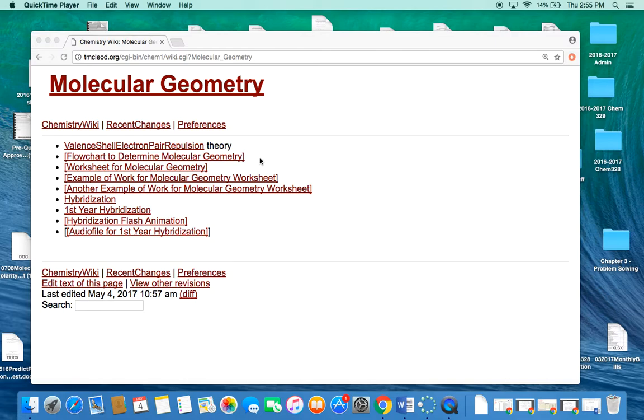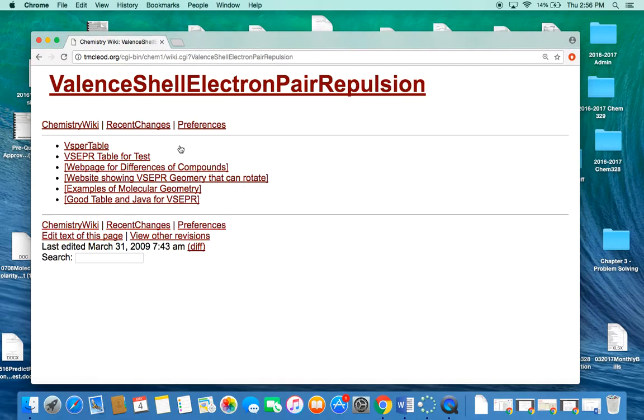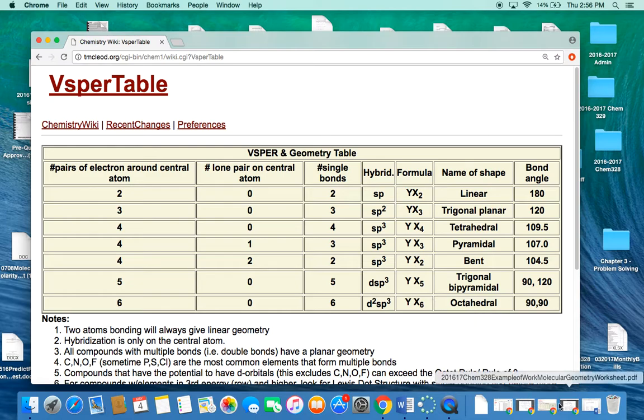So by now you should have gotten to this page. And what we need is if you click on here, you need to get to this one, which is the VSEPR table, which I already have.